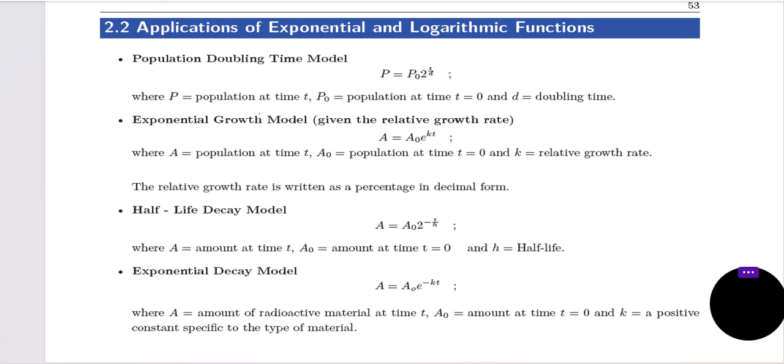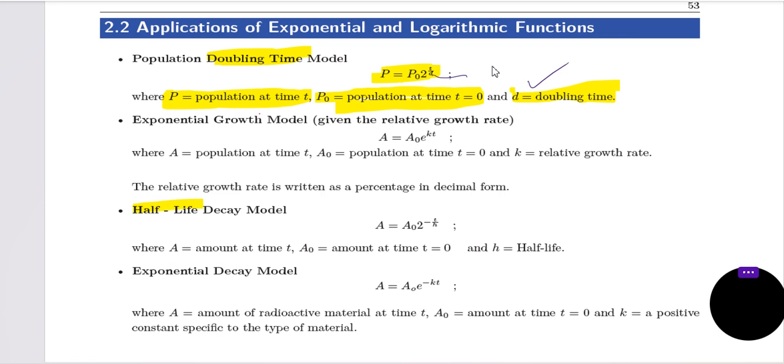So here there are four formulas, 1, 2, 3, 4, as you see. The first one: if we find doubling time in the question, then we apply this rule, where d is doubling time, and P naught is the population at the beginning, that is at the time t equals 0, and P will be the population after a time t.